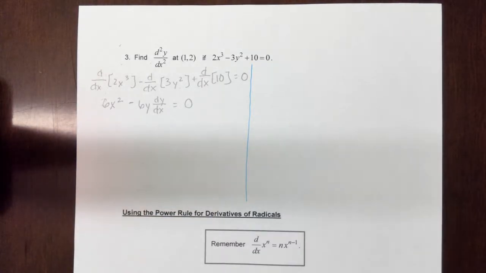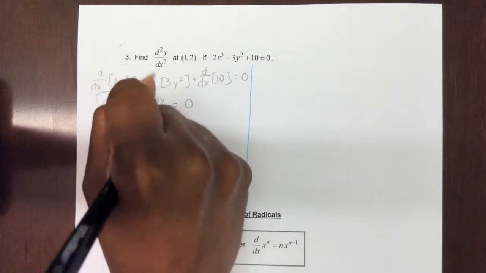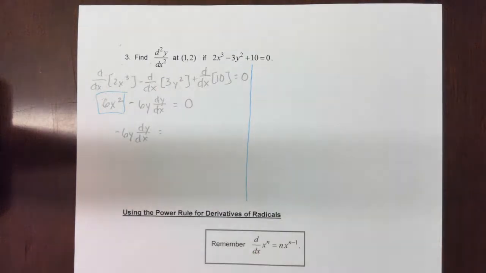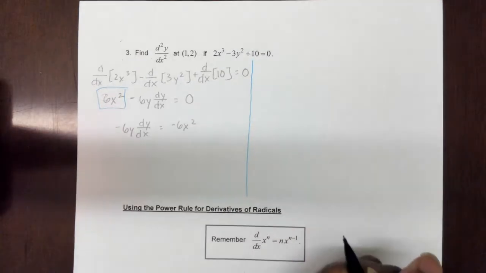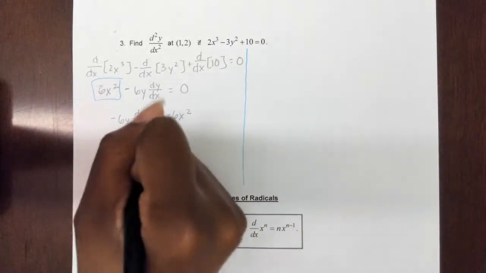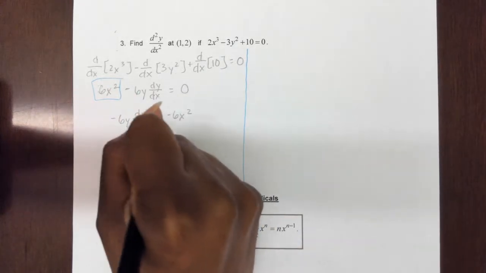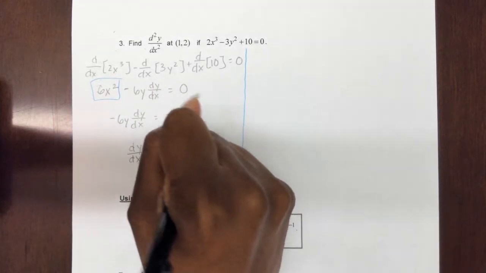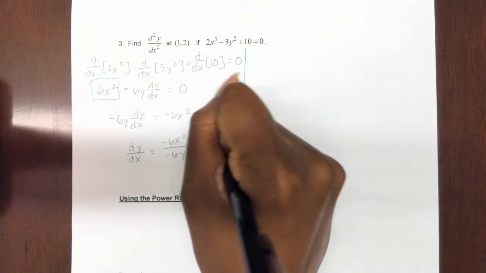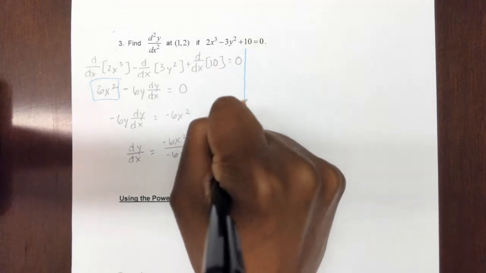So to move so that my dy/dx term is in one place, I'm just going to move that 6x squared over, so we have negative 6y dy/dx equal to negative 6x squared. And then to get dy/dx alone, divide by negative 6y. So dy/dx is equal to negative 6x squared over negative 6y, which is just x squared over y.